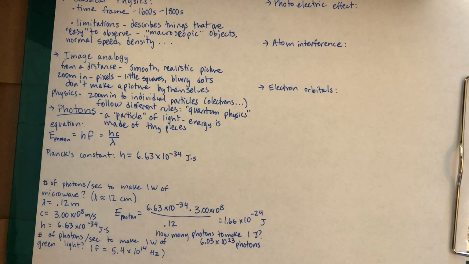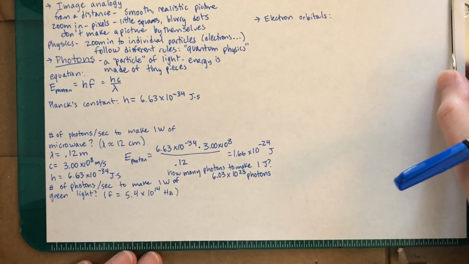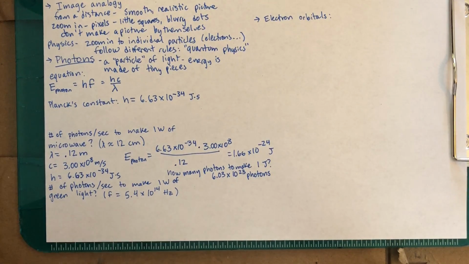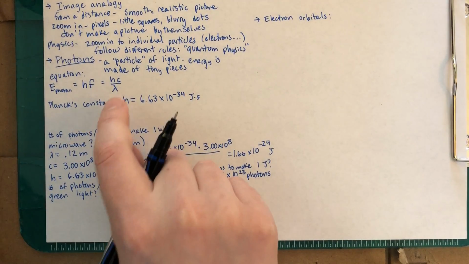But let's take this and let's compare it to light. So how many photons per second would we need to make 1 watt of green light? Okay. So in this case, I'm given the frequency rather than the wavelength.